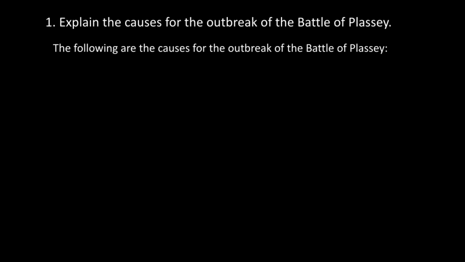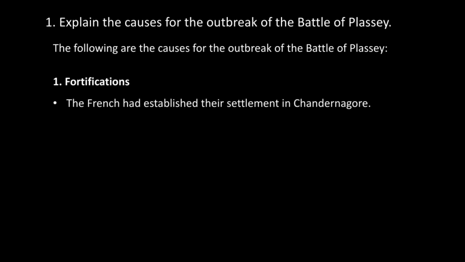So as the answer we will see, the following are the causes of the outbreak of Battle of Plassey. The first cause, fortification. We need to explain or elaborate this point. So as a first point we will see, the French had established their settlement in Chandernagore.